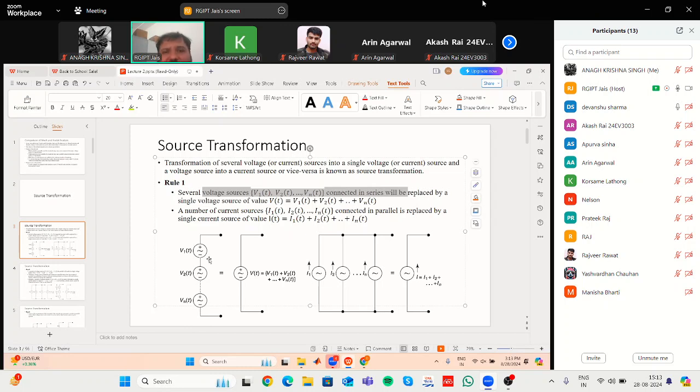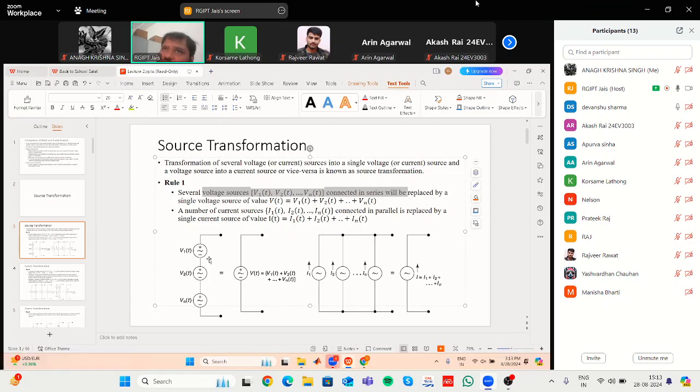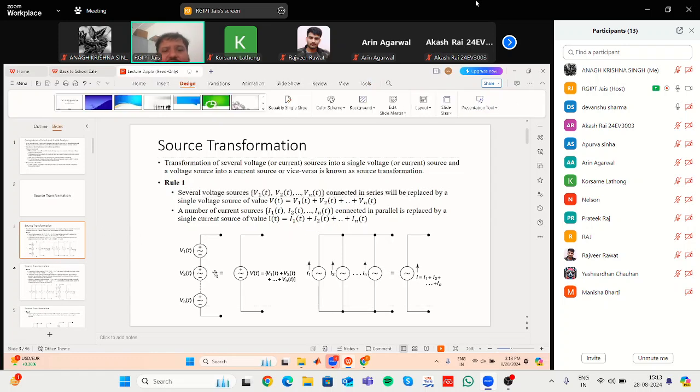If there are 2 resistors in series, how do you represent them? You just sum them up. If there are 2 resistances in parallel, you know how to find the equivalent resistance. Similarly, if n voltage sources are connected in series, then the equivalent voltage source is just the sum: V1 plus V2 plus Vn.